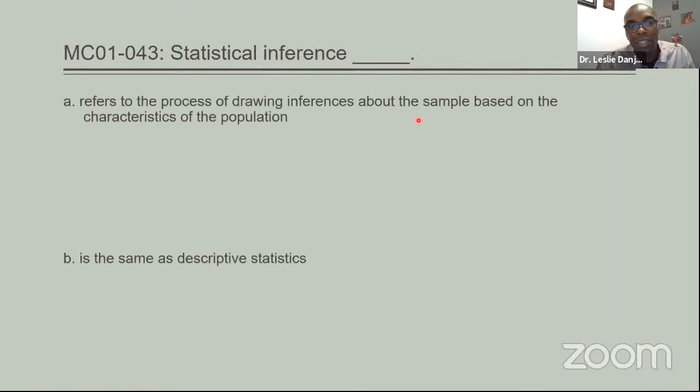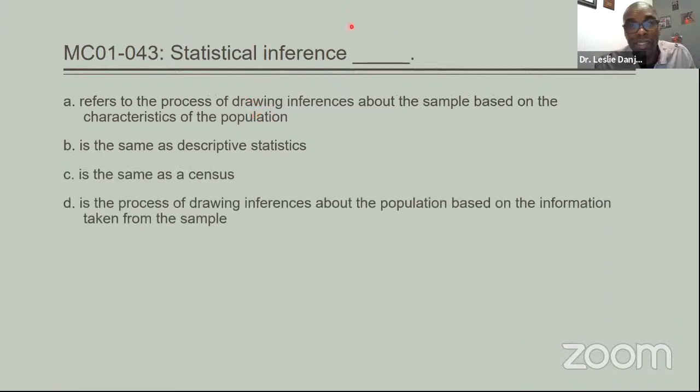All right. In chapter 1, there's this question, statistical inference. And I want you to think of it this way. We are looking at population data, and we're using samples to understand the population. So in essence, statistical inference is the process of drawing inferences about a population.